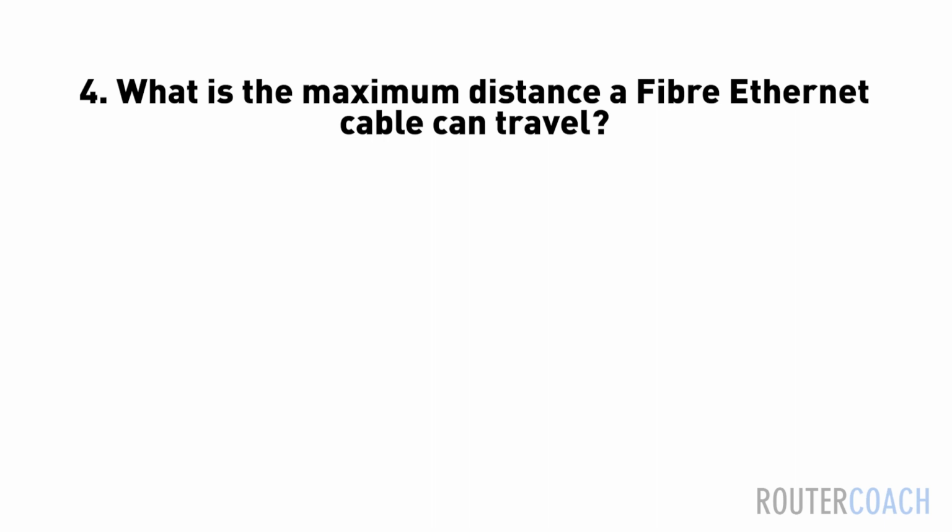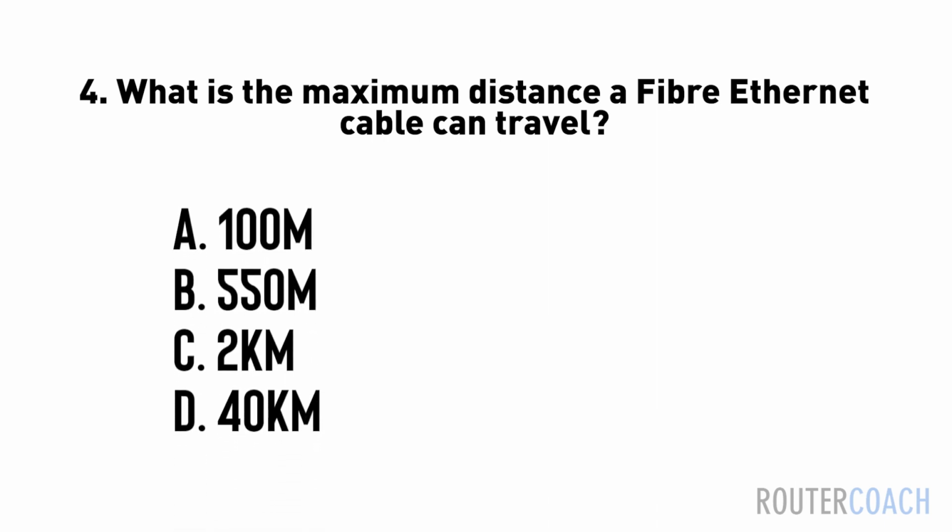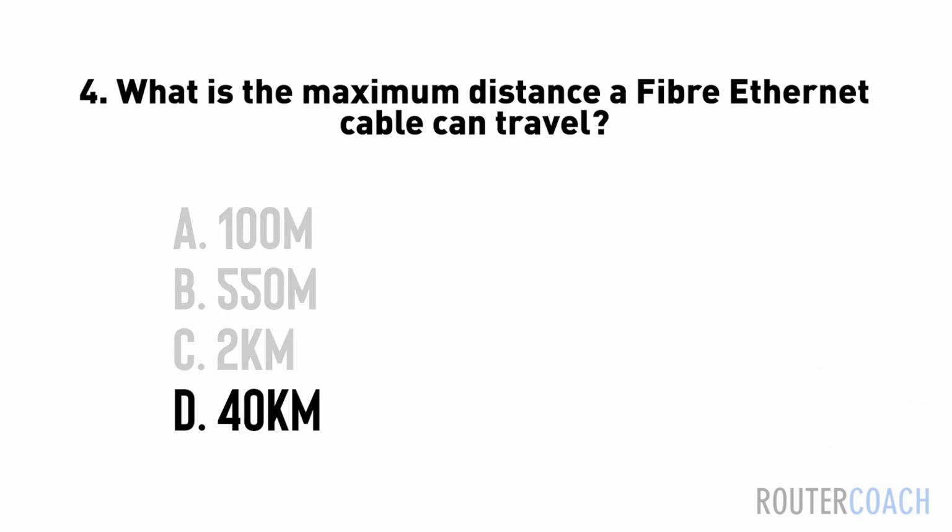4. What is the maximum distance a fiber Ethernet cable can travel? A. 100 m. B. 550 m. C. 2 kilometers. D. 40 kilometers. The answer is D. 5.